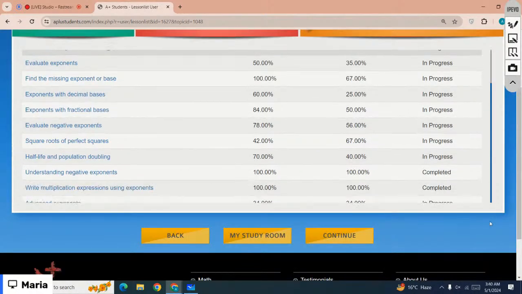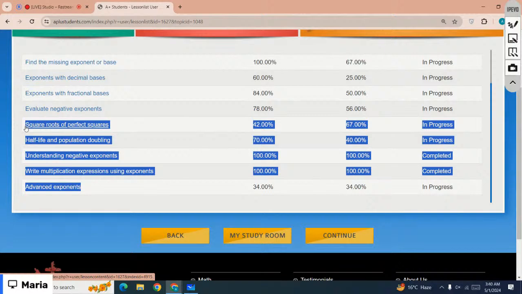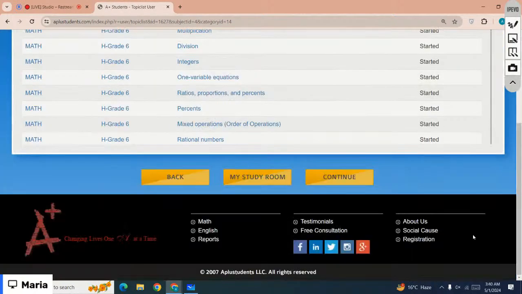The lessons we have covered today are square roots of perfect squares, half life and population doubling, understanding negative exponents, write multiplication expressions using exponents, and advanced exponents. So please make sure before the next session you complete all these practice questions for the lessons we did today. That is your homework until next session, right?